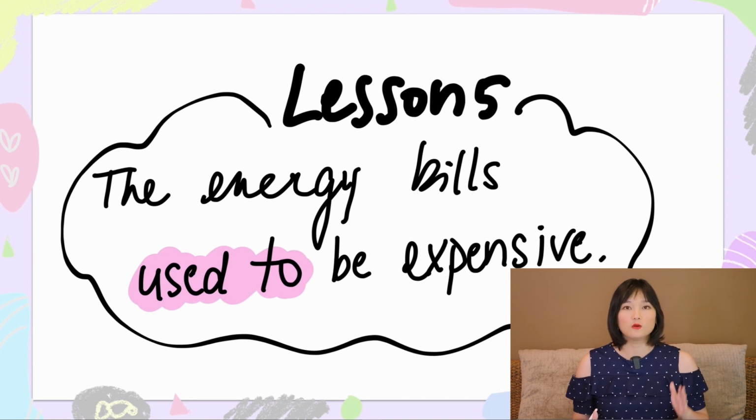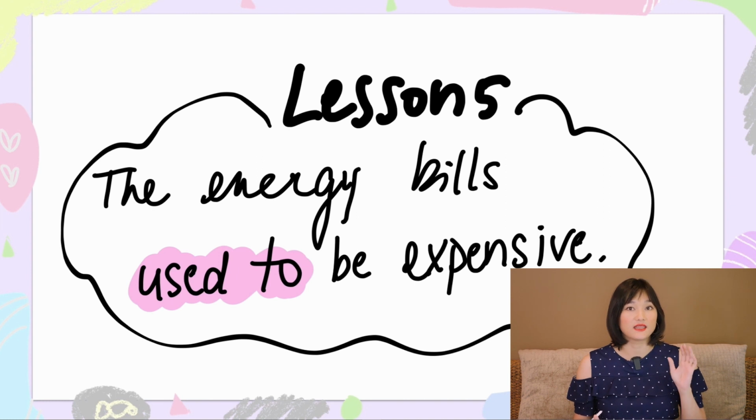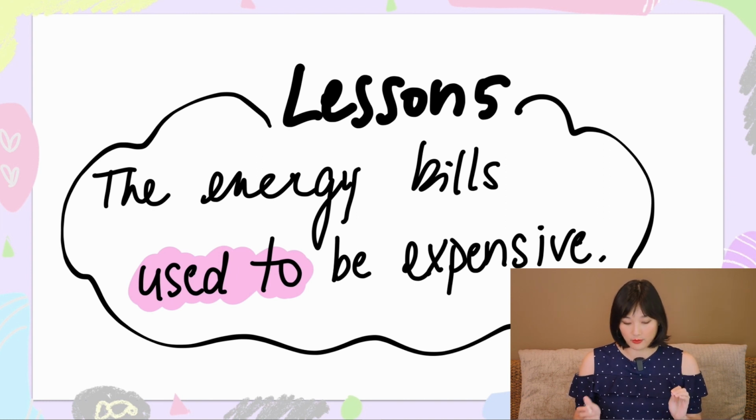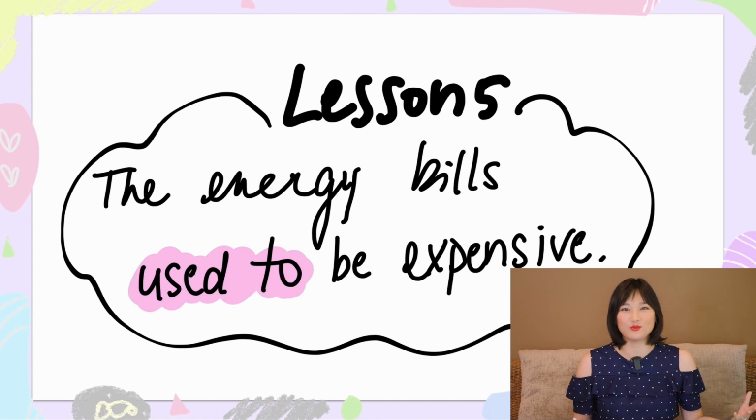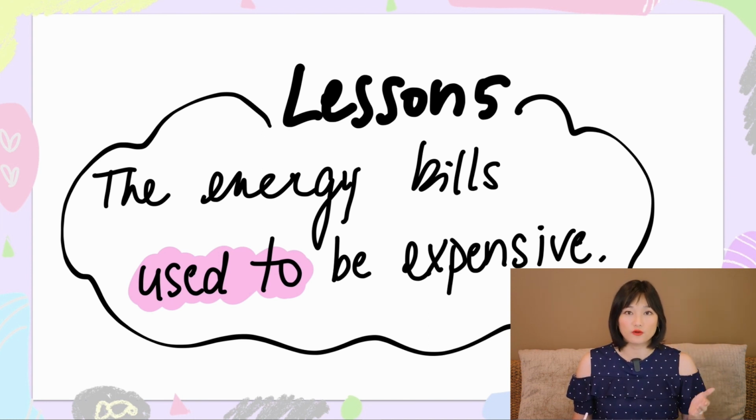Alright, now let's notice first that it's the past tense verb. Past tense verb, or verb 2 for Thai people. So past tense verb is for the past, right? For something that happened in the past. Exactly. So it's not happening now.